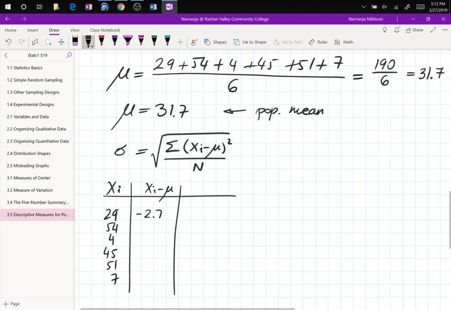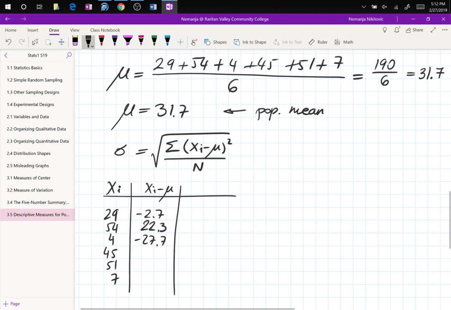So negative 2.7, 31, so that's 23, 22.3. 4, that's going to be negative 27.7, I hope. 45.